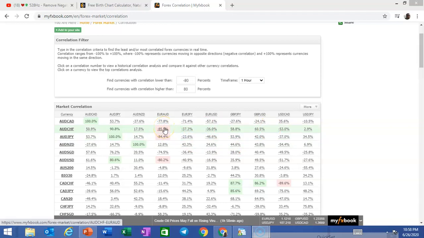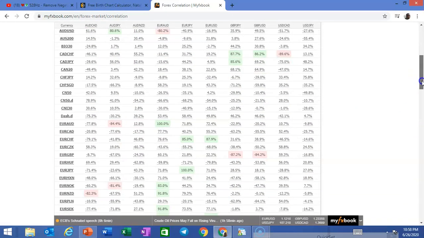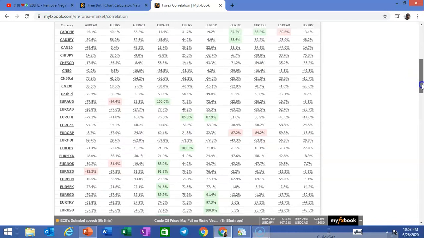And AUD-CHF and EUR-AUD are pretty strong. We can also find another one. EUR-SEK and EUR-AUD have a 91.